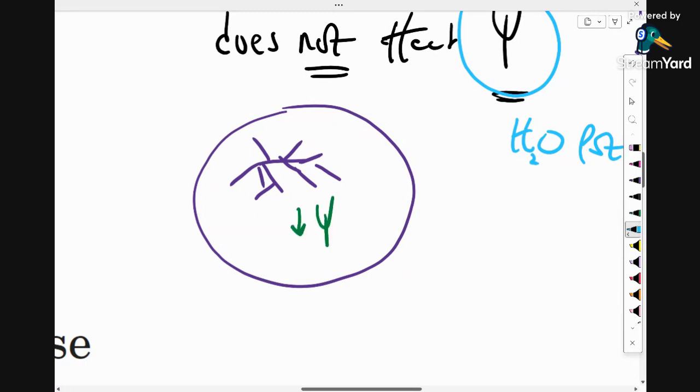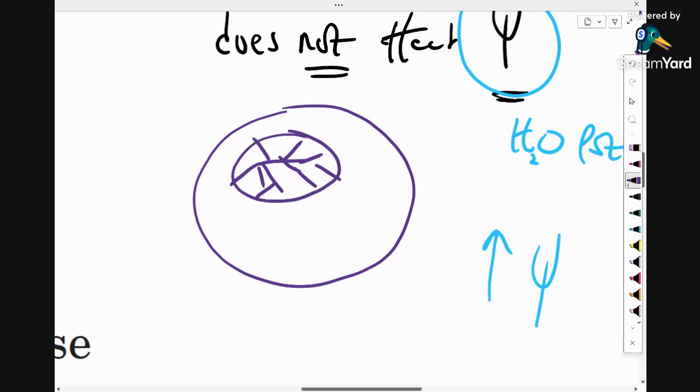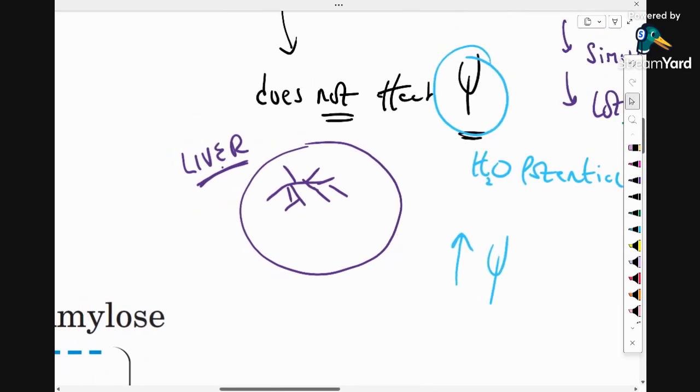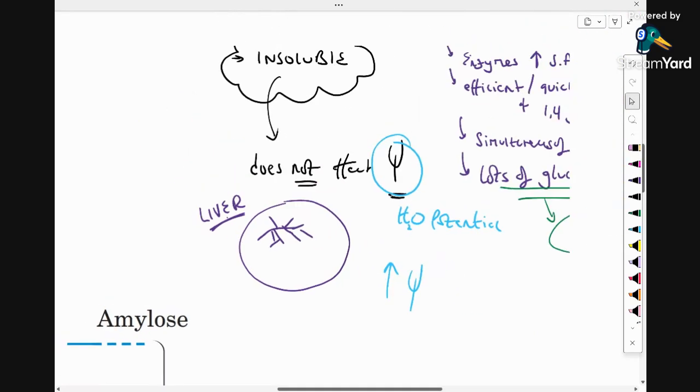The problem there is because the water potential outside of cells is very high, water would move in by osmosis, eventually leading to osmotic lysis, bursting of the cell. But this doesn't happen because glycogen is insoluble. It remains in globules, essentially, specifically in the liver, in muscle as well, but predominantly stored in the liver.